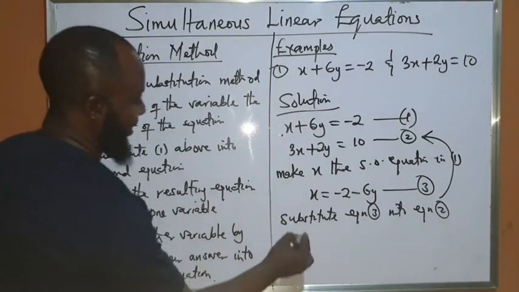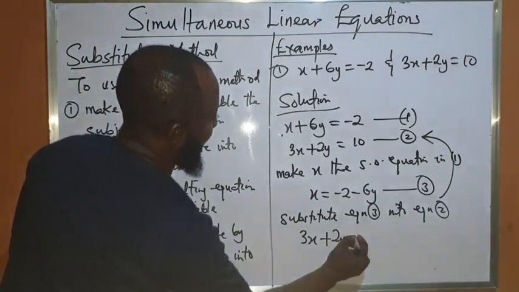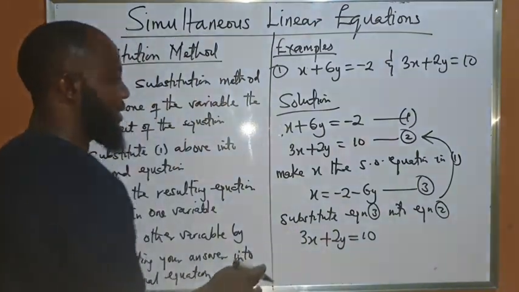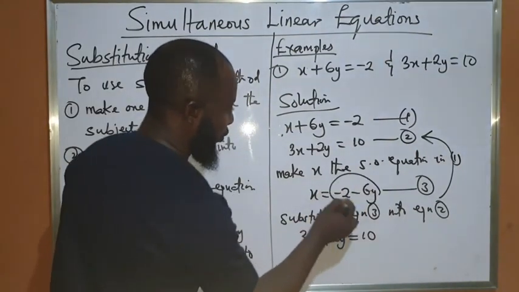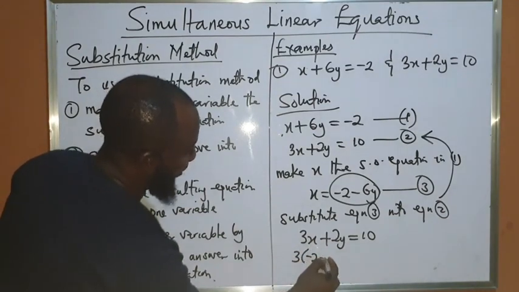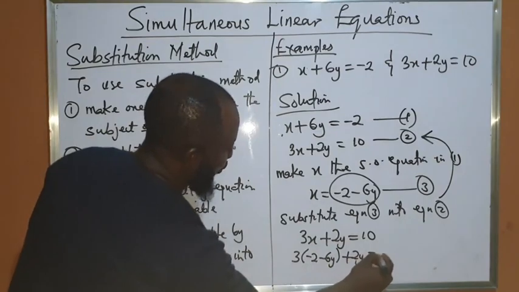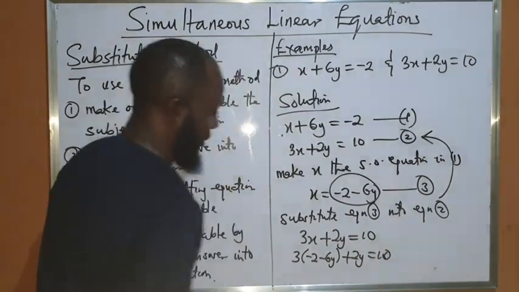Equation 2 is 3x plus 2y equals 10. Wherever we see x, we put this. So we have 3 multiplied by (minus 2 minus 6y), plus 2y equals 10. I hope I'm making sense.